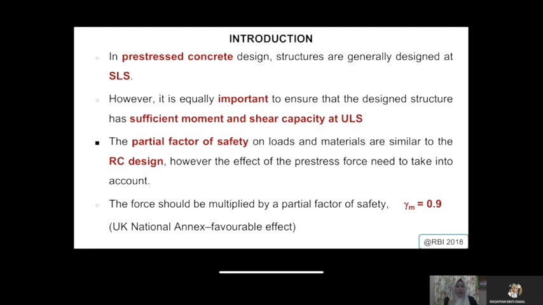With pre-stressed beam design, to check the bending moment capacity, we will consider our pre-stress force. The pre-stress force must also be multiplied by a partial factor of safety, stated as gamma m equal to 0.9, as stated in the UK National Annex, favorable effect.